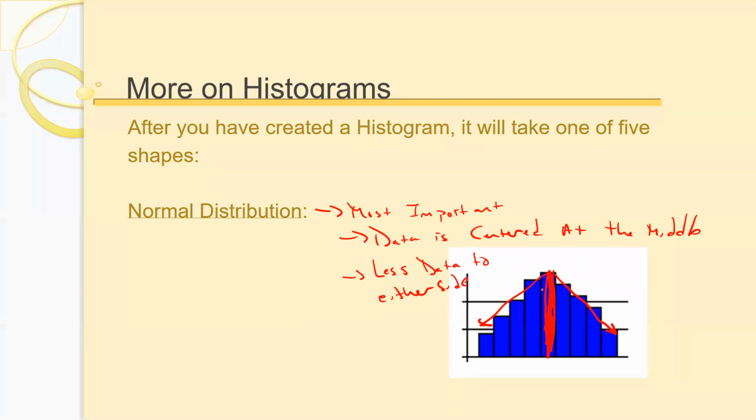Let me give you an example of something in the real world that would follow a normal distribution. Look at the height of adult males in the United States. I'm about 5'9". Would you guys say I'm about the average height for adult males?